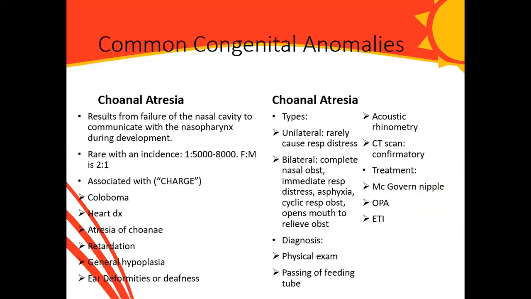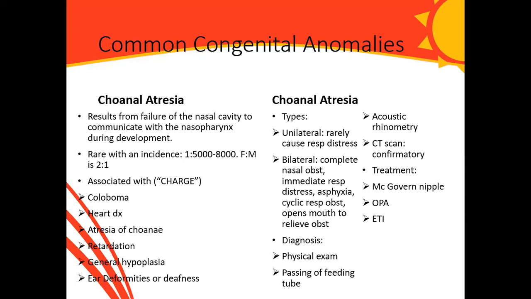Choanal atresia is a common ENT problem. This results from failure of the nasal cavity to connect or communicate with the nasopharynx during development. It's a very rare occurrence with an incidence of 1 in 5,000 to 8,000, and it's more common among female children, 2 to 1.